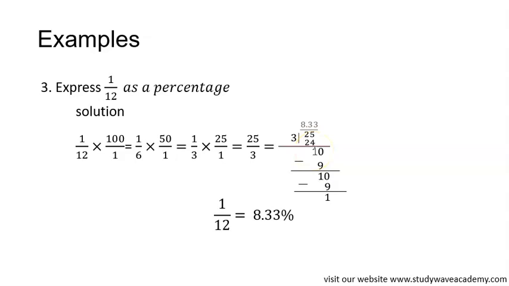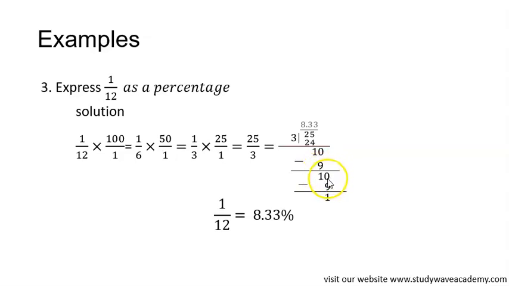There's a remainder. We put a point and add 0. When you have a point here, you can add 0 to your remaining number. So 3 into 10 is 3. 3 times 3 is 9. 10 minus 9 is 1.